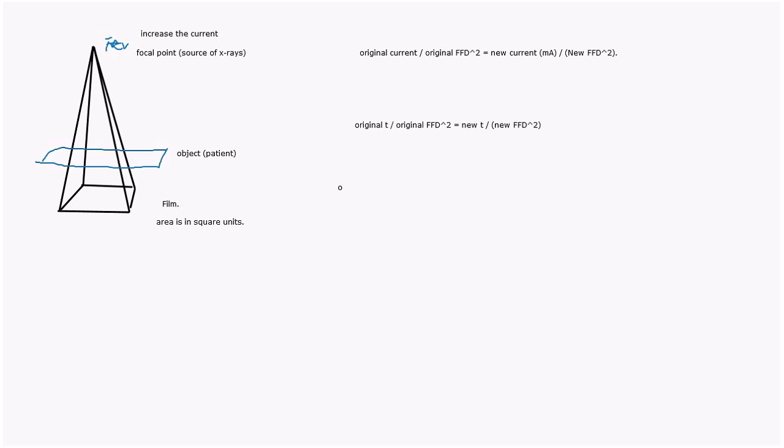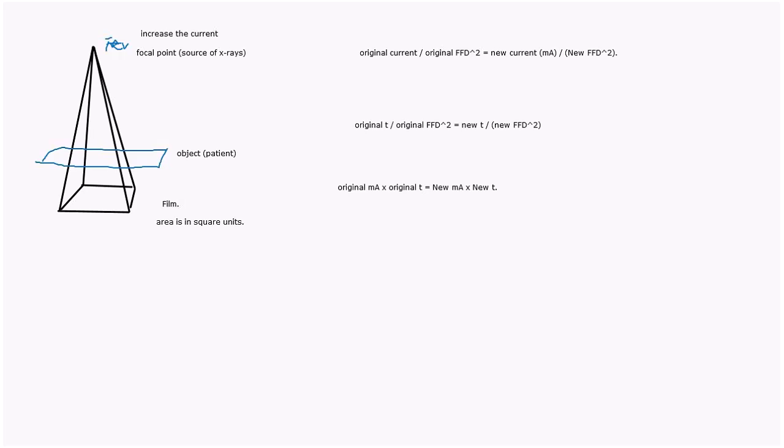And finally, if I increase the original milliamps, I would also have to increase my new milliamps. If I increase my original duration, it's going to increase the exposure, and therefore I need to increase time as well.